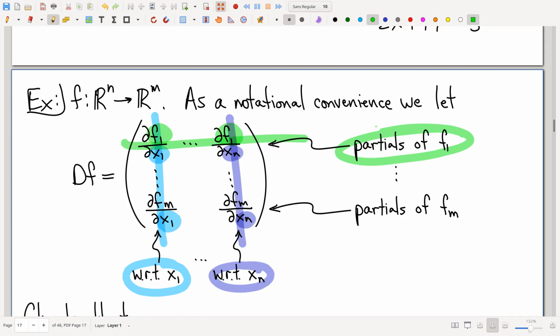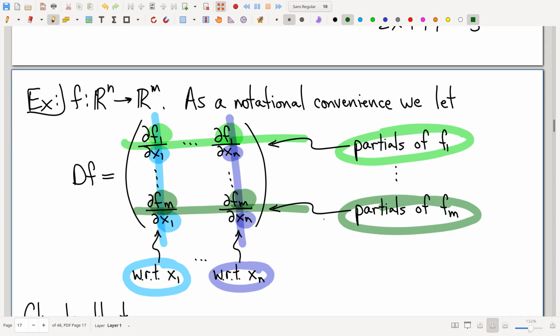Second row, partials of f2, et cetera, et cetera. The last row, you'll notice, are all partials of fm. So likewise, I'll refer to the f1 row and the f2 row, et cetera, all the way down to the fm row. Is everybody on board?